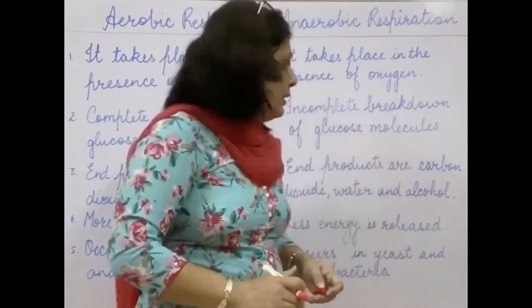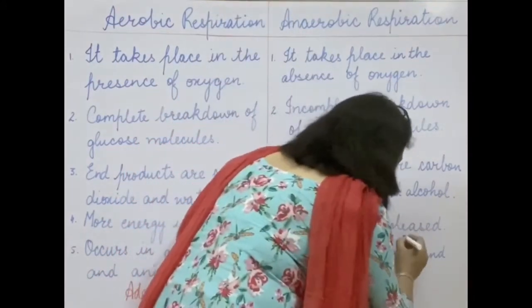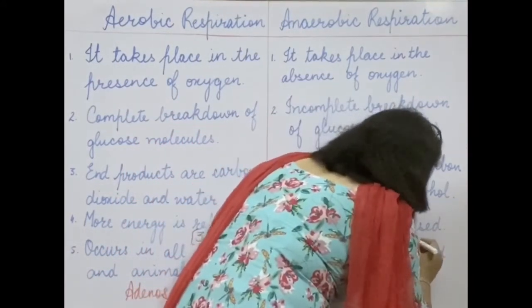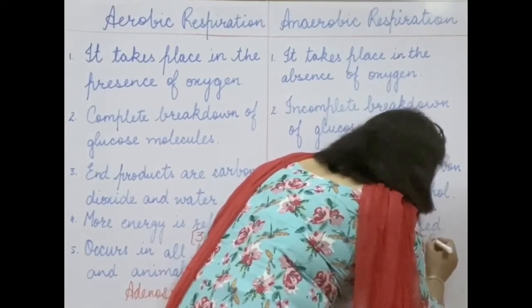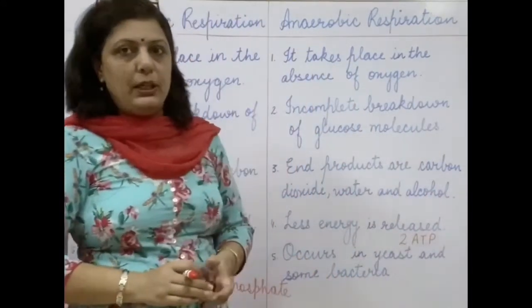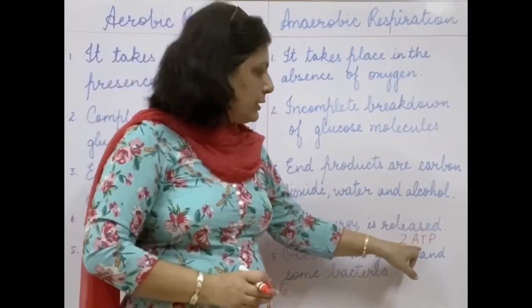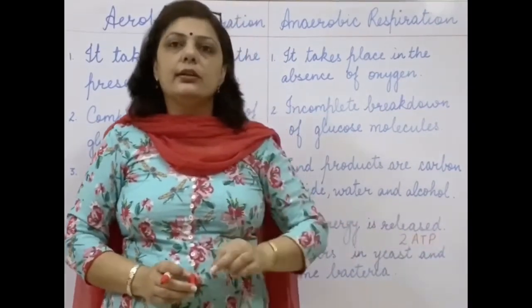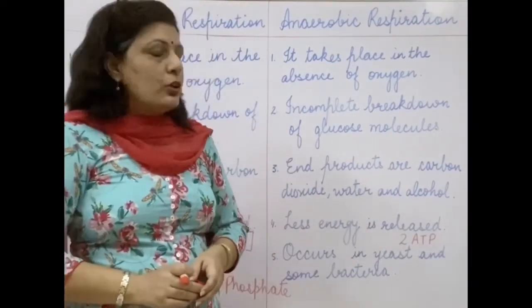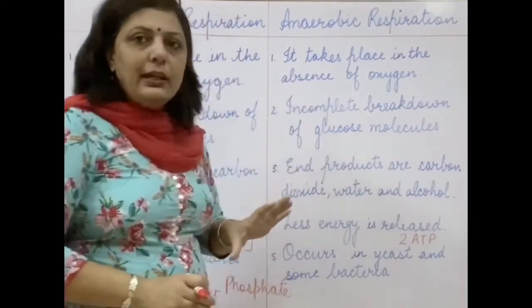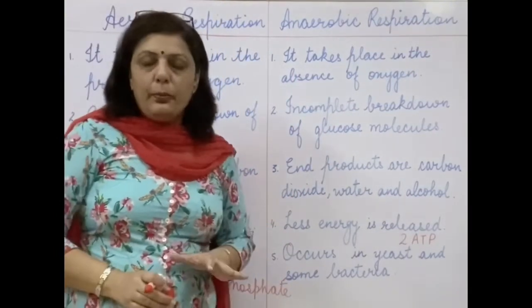And how less? Approximately 2 ATPs will be formed in case of anaerobic respiration. Again, ATP is adenosine triphosphate, which is the energy currency of the cell. So these are the four main differences between aerobic and anaerobic respiration.